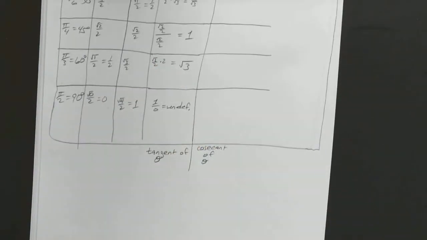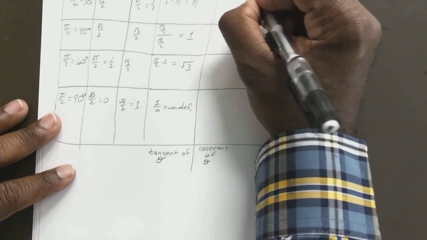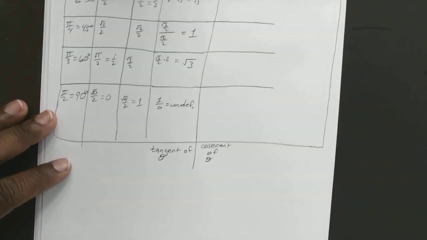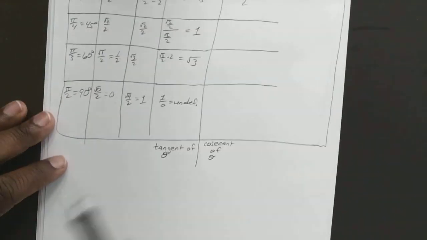Okay. So if sine is 0, if you try to flip 0 over anything, it's just going to be undefined. Okay, so here if sine is 1/2, you end up with 2.